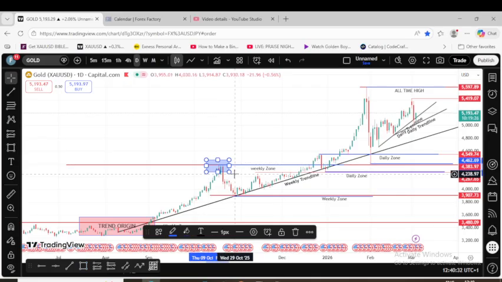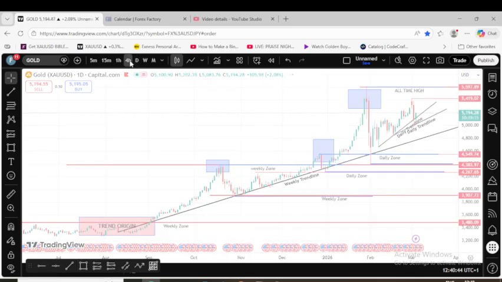So that means I will go here, here, and here, and look for any particular price patterns that appear, which would be our indicator that price is switching from an impulsive move to a correctional move.